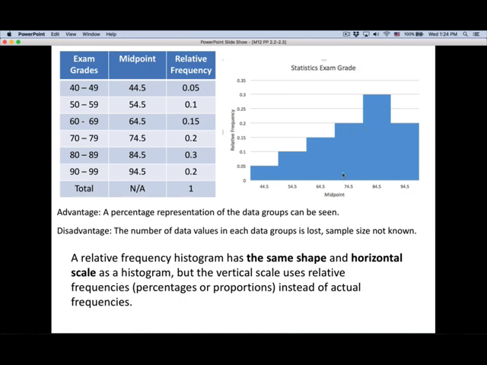And we have 20% of the students getting A, 20% of students getting C. And this is really good for a presentation if you want to present it with percentages. And for the disadvantage, the number of the data values in each group is lost. We can't find out what the exact data is at each point here.